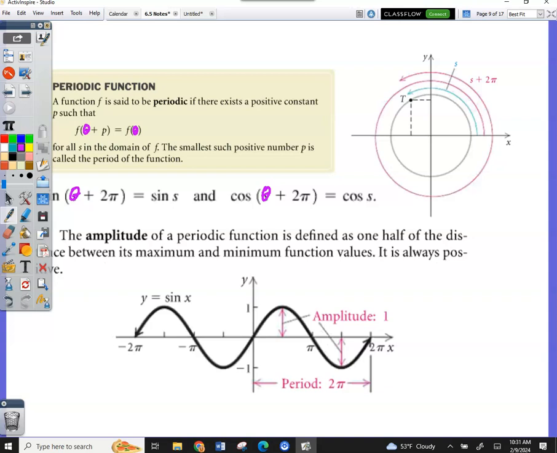S is referring to that arc length, which is hard for people to remember. But theta, everyone knows that that is referring to the rotation, right? So right here, it's periodic because once it makes it to 2 pi, it's going to repeat, right?